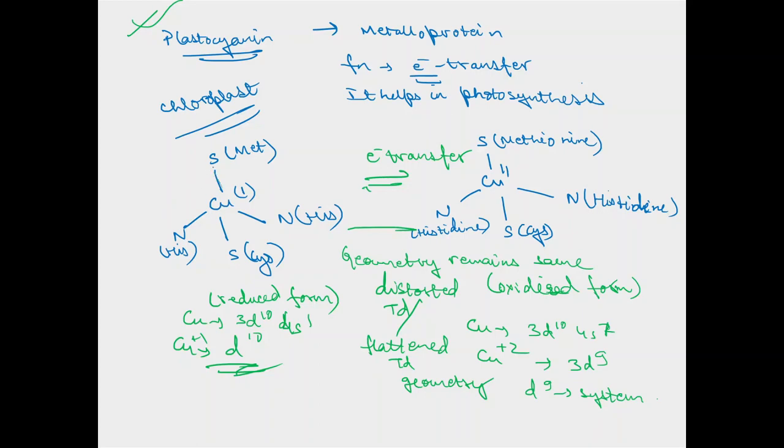Because it depends on what is coordinated to this metal center, right? That decides what the geometry of the complex will be. So it is not showing an ideal tetrahedral structure because of this protein chain present with it, because they have studied this.